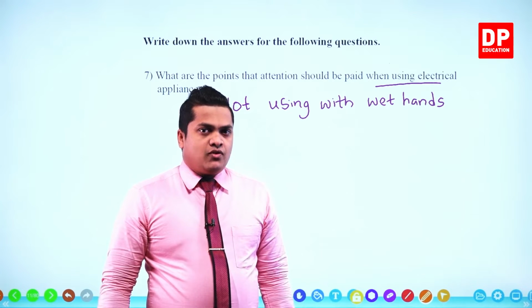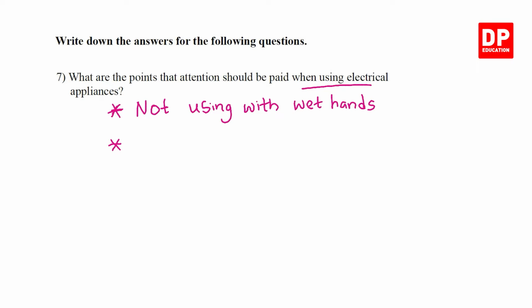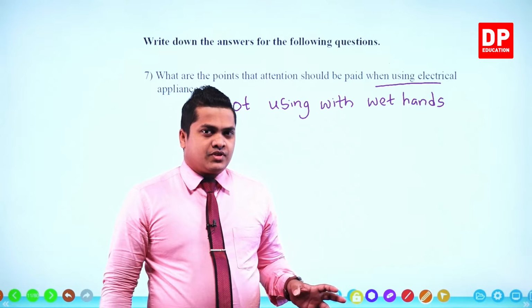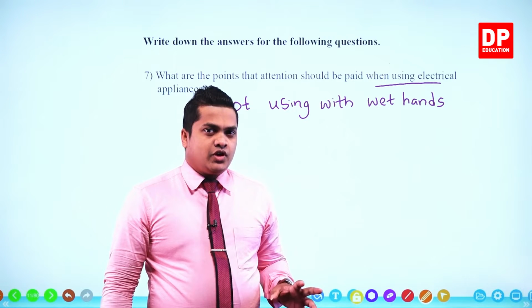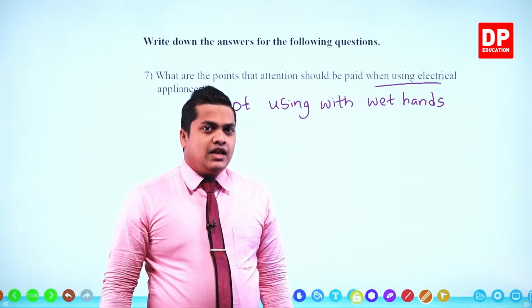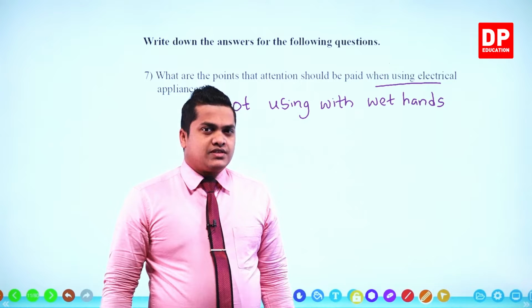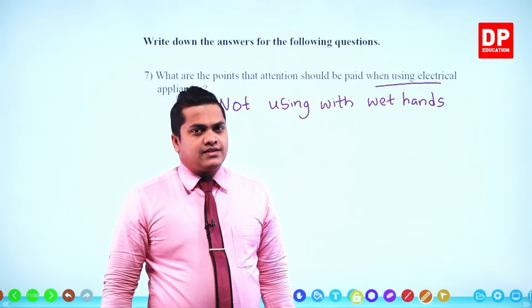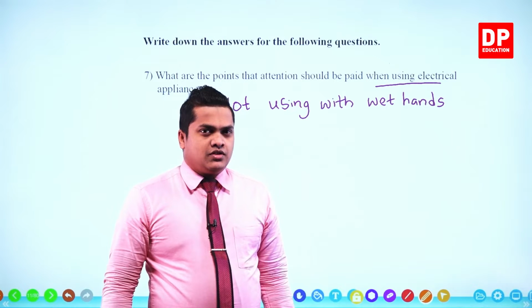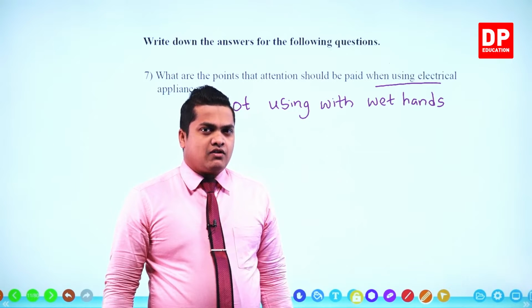So if there are powerful electric appliances, especially heating equipment like heaters, irons, rice cookers, it is a good practice to use a pair of slippers if you are using these things often, especially with electric irons, because if the current drawn from the circuit is very high, then there is a risk of getting an electric shock. So in order to avoid that kind of condition, we can always wear a pair of slippers.